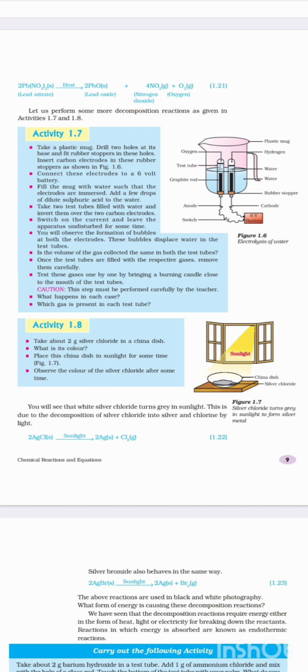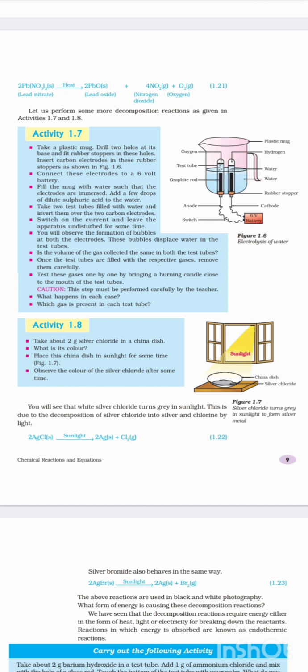Now again, activity 1.8. Take about 2 gram of silver chloride in a china dish. What is the color of silver chloride? It is white in color. Place this china dish in sunlight for some time. The color of silver chloride, which is whitish in appearance, will turn gray in the presence of sunlight.